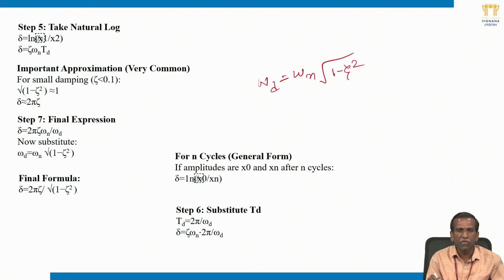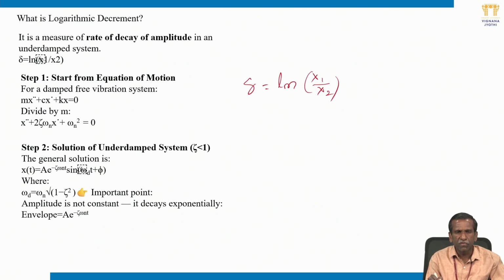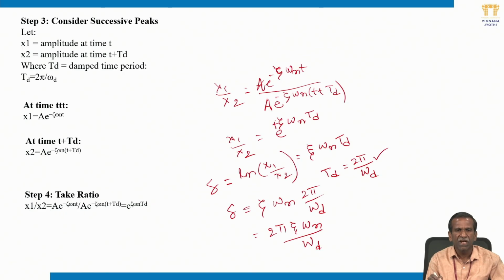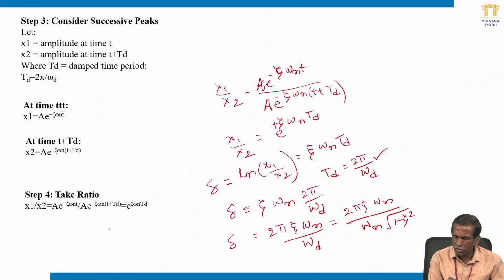In the solution itself, x at any time equals A e power minus zeta omega n t sine of omega d t plus phi, where omega d is omega n square root of 1 minus zeta square. Then delta is 2 pi zeta omega n by omega n square root of 1 minus zeta square. Simplified, delta equals 2 pi zeta by square root of 1 minus zeta square. I think you are able to understand this.